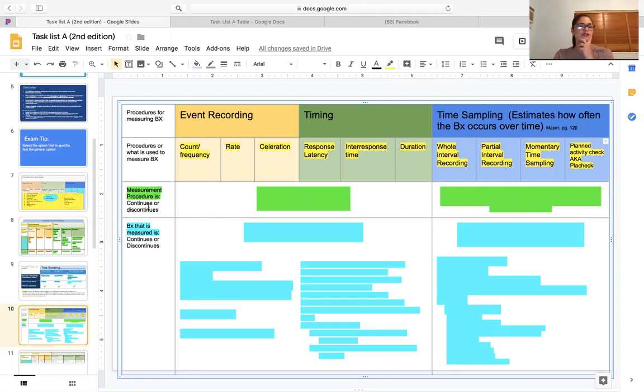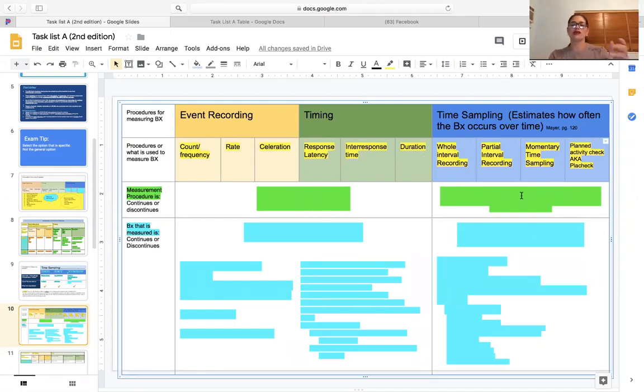Okay, measurement procedures is continuous or discontinuous. I think you already know this. The way I group them is event recording and timing are one type, and time sampling is another type. I personally memorize time sampling. Whenever I see a test question, I ask, is it time sampling? If no, then it is the other one.